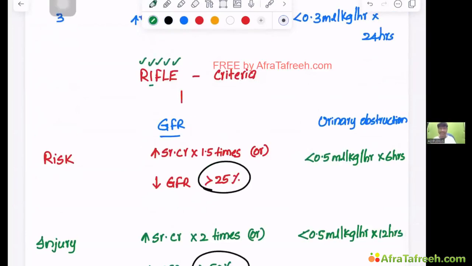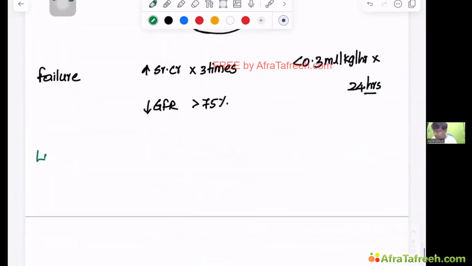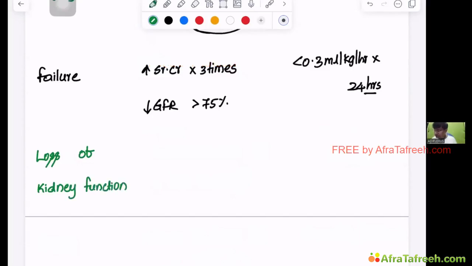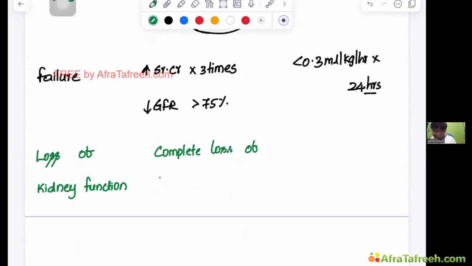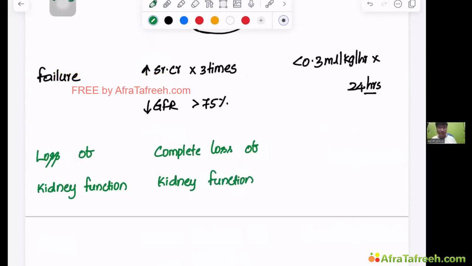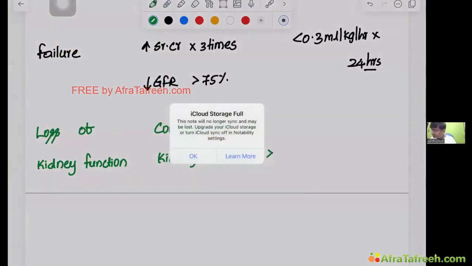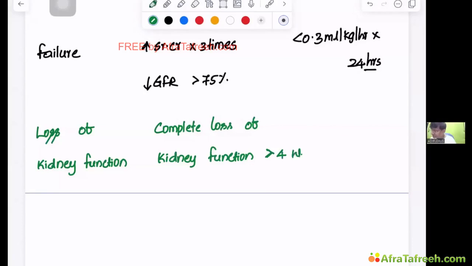Then we have L and E. L is loss of kidney function, where there is complete loss of kidney function for more than 4 weeks. That is nothing but loss of kidney function.